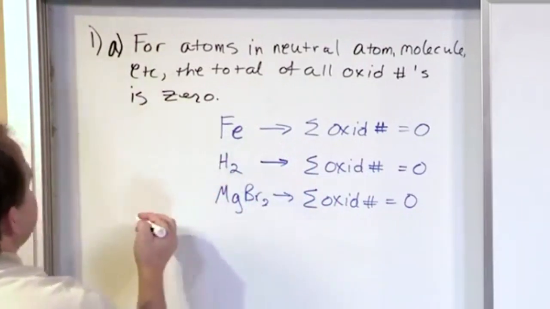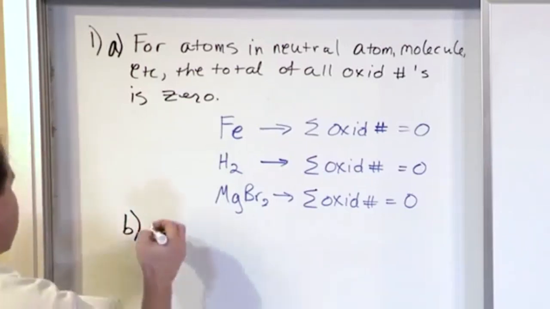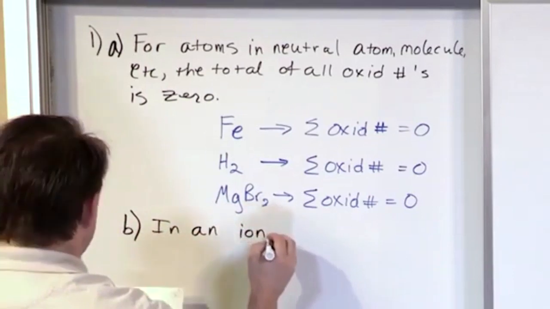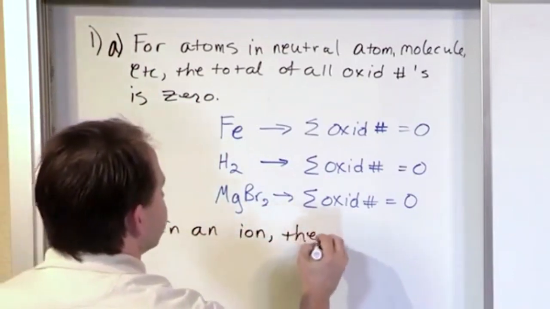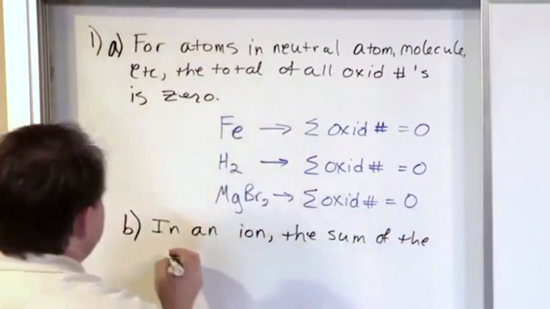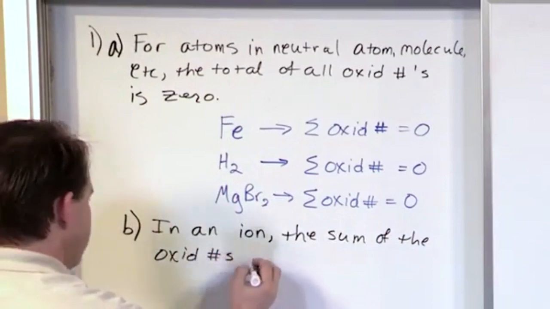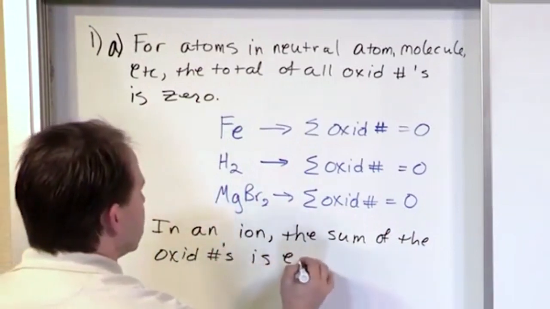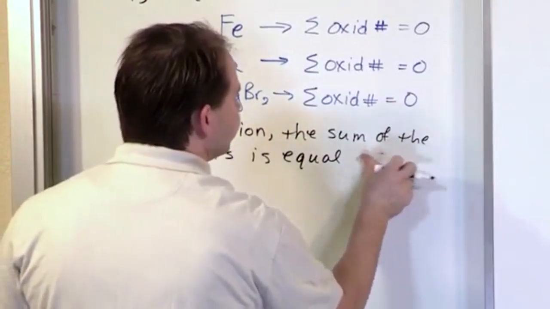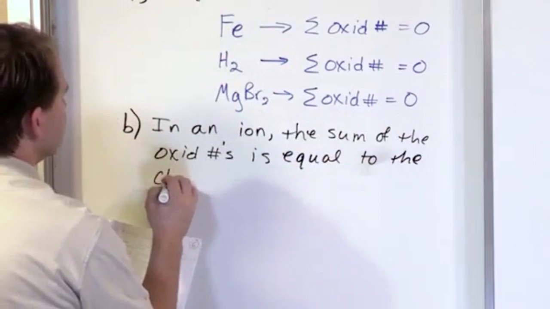Now 1b is very similar. That's why they wrap it up in the same rule. In an ion, the sum of the oxidation numbers is equal to the charge on the ion.